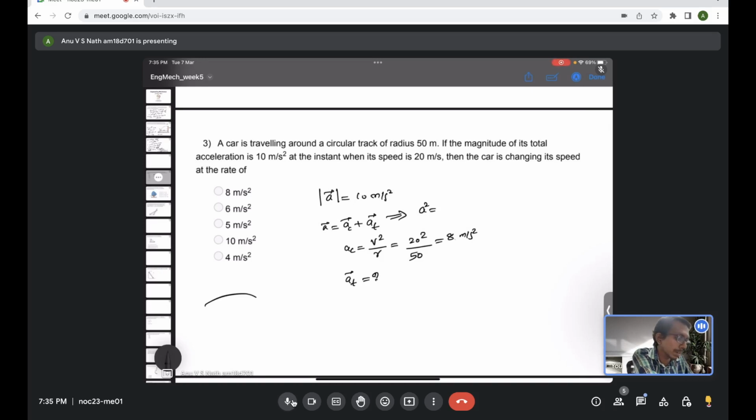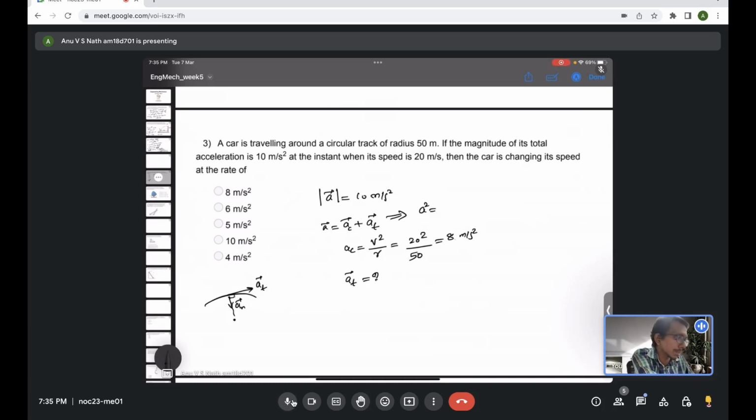Let's say this is a curved track. At this location, it will have a tangential acceleration tangent to the trajectory and normal acceleration towards the center of the curved path. So they will be normal to each other.